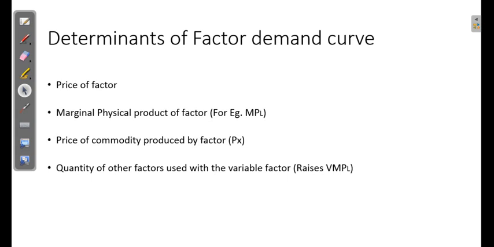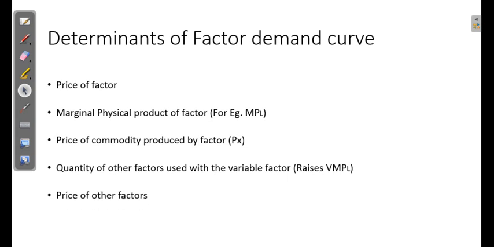Supposing labor is becoming cheaper because of a fall in the wage rate, labor needs to be combined with capital, land, and other inputs, raw materials, in order to maximize the gains from employing more of the variable factor. This step depends on the availability of other factors, and if more factors are combined with the variable factor, it generally leads to an increase in the value of the marginal product of labor.